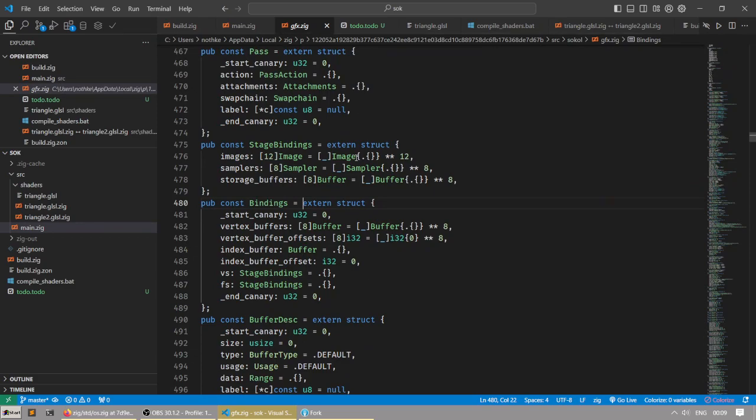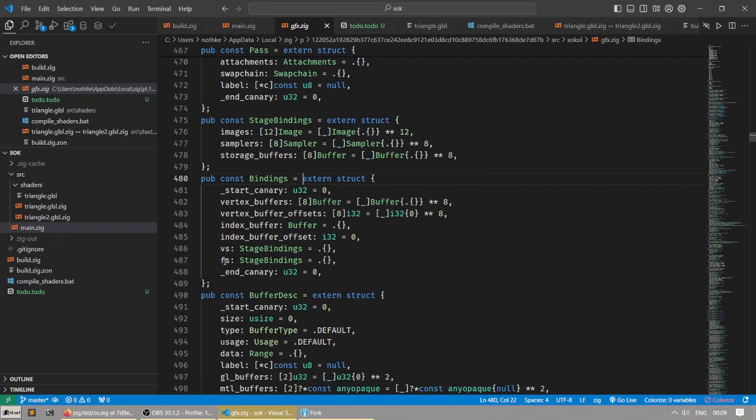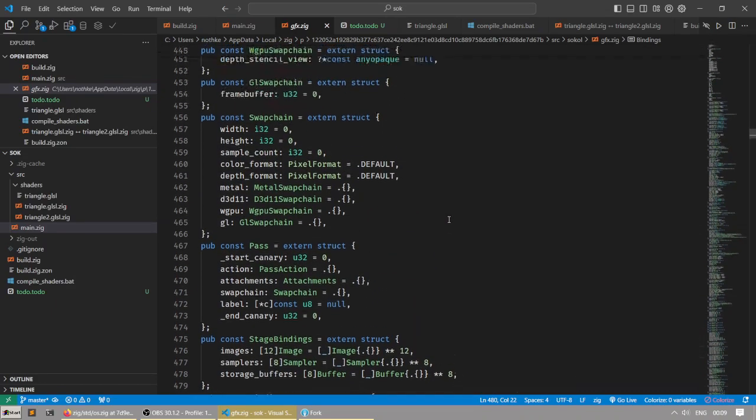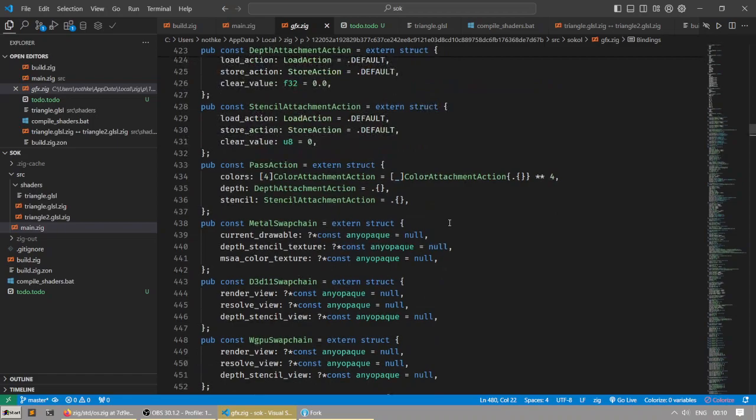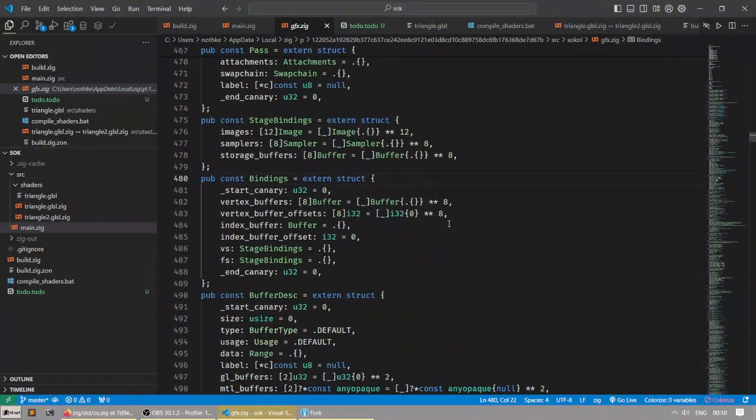I am a bit confused about the bindings thing, because it basically has a vertex shader, a fragment shader, and vertex buffers and index buffers. So it doesn't support anything else, I guess. Or maybe there are different bindings for different things. I am not quite sure about that.